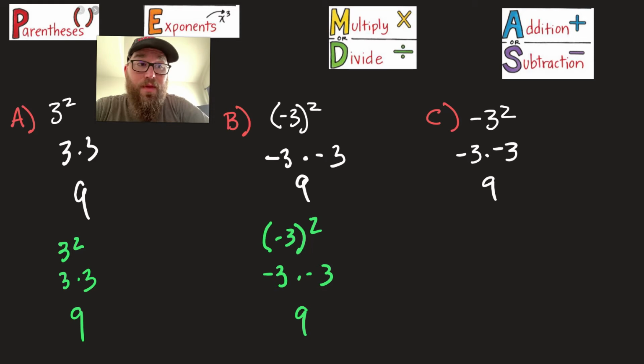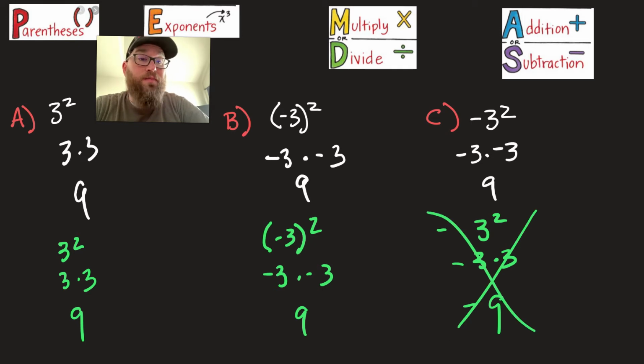That's awesome. However, if you do not put parentheses in a problem like this into your calculator, what the calculator sees is, oh, I need to do 3 squared, so 3 times 3, and then I'll bring down the negative. So that's negative 9, and that is incorrect. That is why parentheses are important for exponents. Also, don't forget the squared. So does that make some sense? Try it on your calculator now.